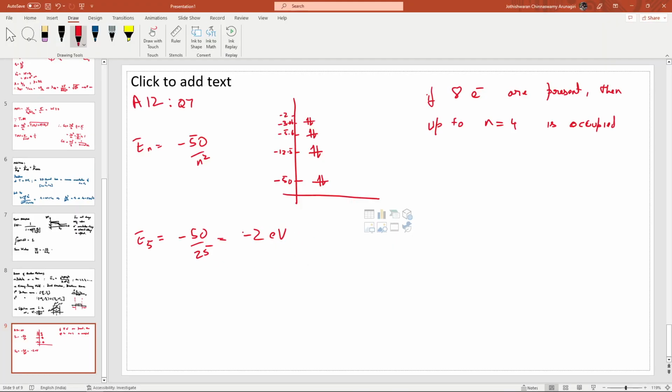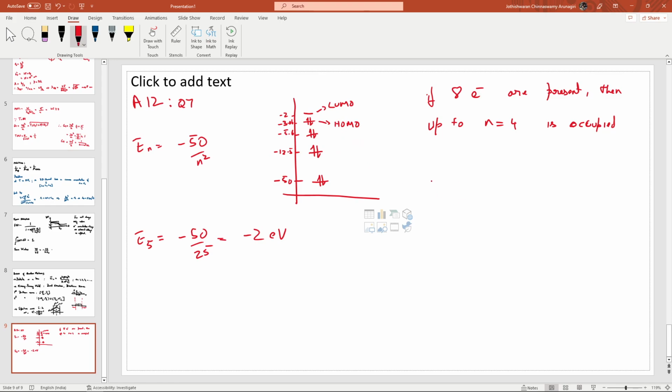So this is the energy of the lowest unoccupied molecular orbital. This is the LUMO, and this is the highest occupied molecular orbital, the HOMO.